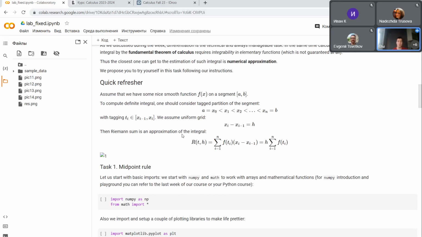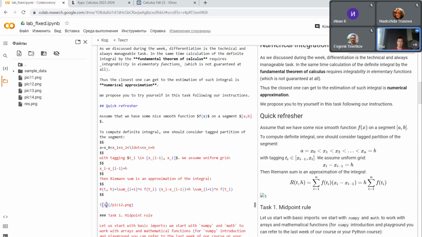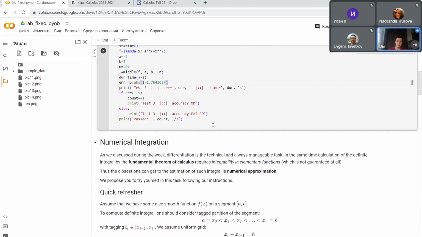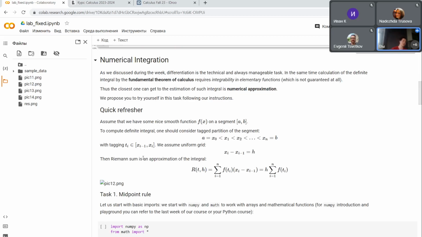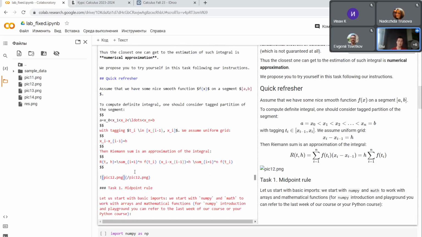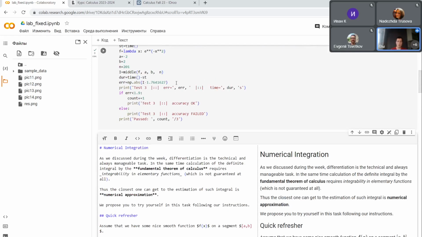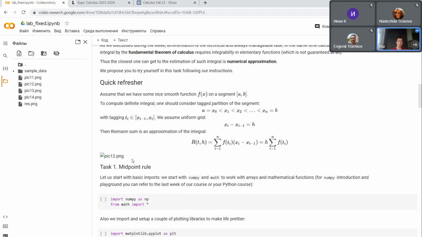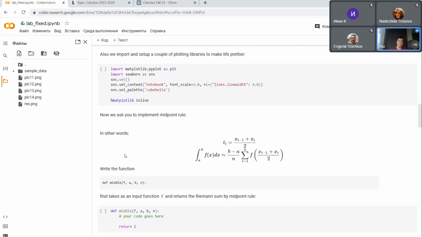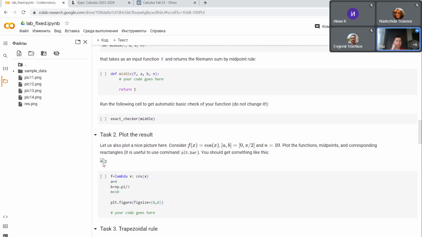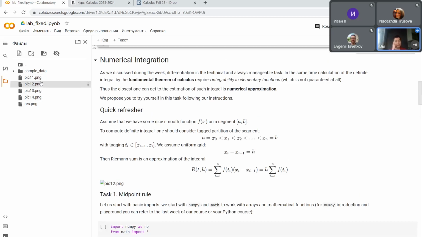Unfortunately, there is a little problem with the images, because you need some complicated work to make them visible. But here you can see that sometimes you will see some notes like this thing, or like this thing, and you'll be able to see the pictures.